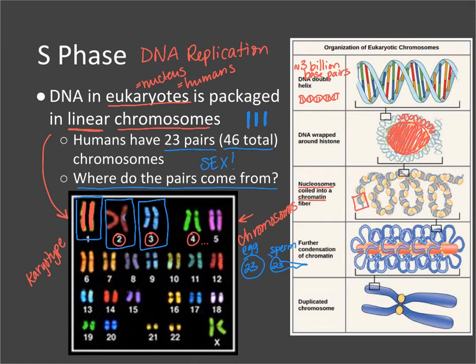The sperm fertilizes the egg, which ultimately forms something called a zygote. And the zygote has 23 pairs of chromosomes, which is where we get the 46, because 23 times 2 is 46. So if we come back to our karyotype picture here, one chromosome in each pair came from mom, and one chromosome in each pair came from dad.